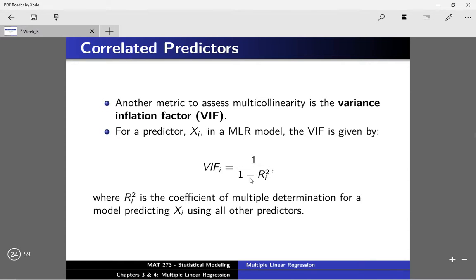As r squared is closer to 1, this denominator gets closer to 0. And then this whole term, the VIF, will get very big, because 0 in the denominator makes this whole quantity very large. So to reiterate that again, the more the other explanatory variables explain in xi, the higher its variance inflation factor will be.